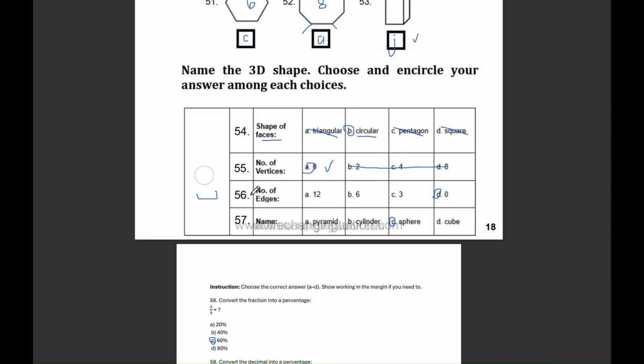Number 56. Number of edges of a sphere. Options: A, 12, B, 6, C, 3, D, 0. Why not? Edges occur where faces meet. Sphere has none. Answer: D, 0. Reason: continuous surface.